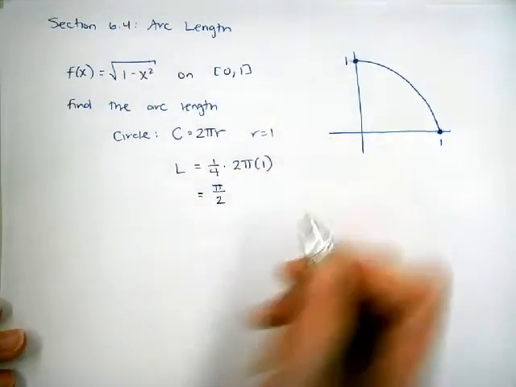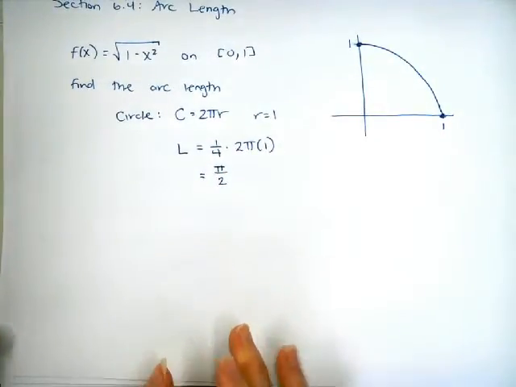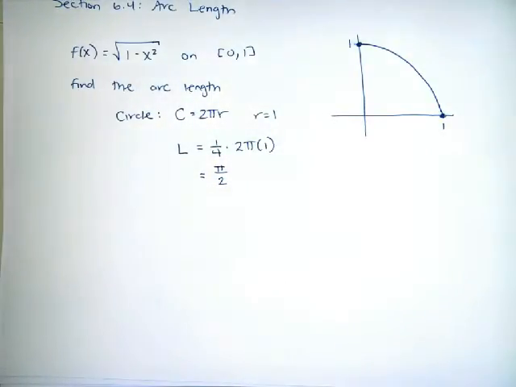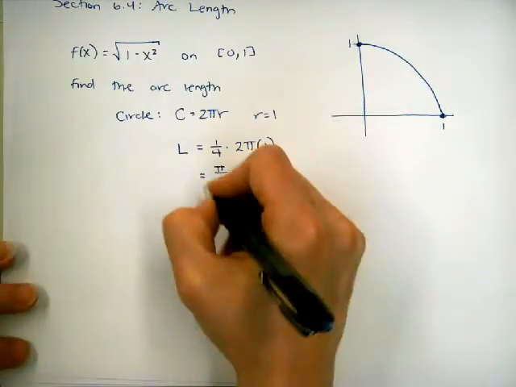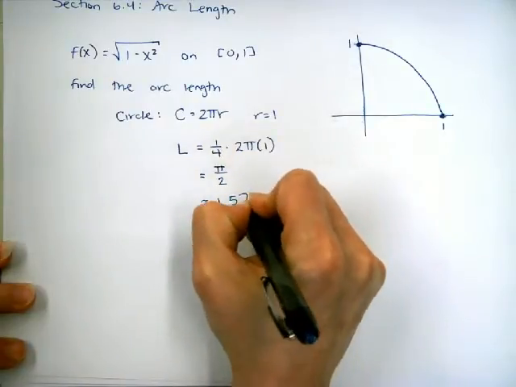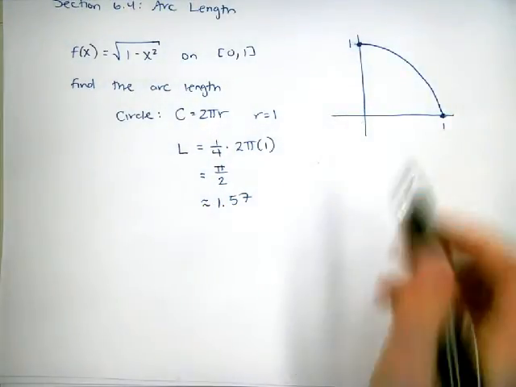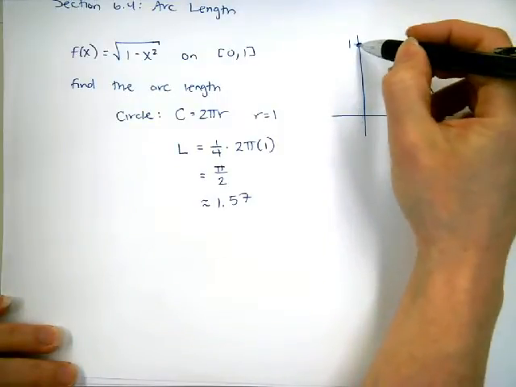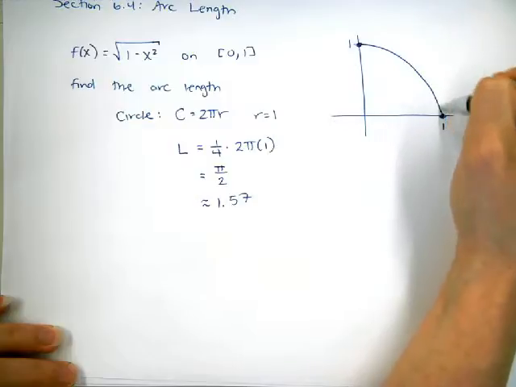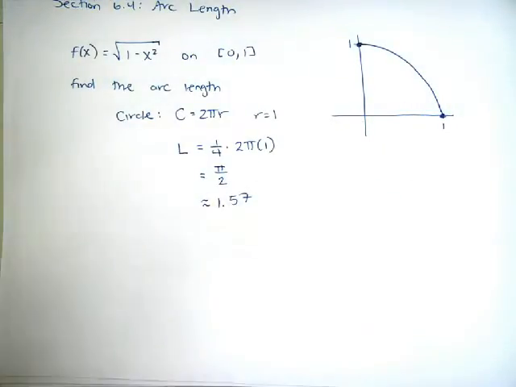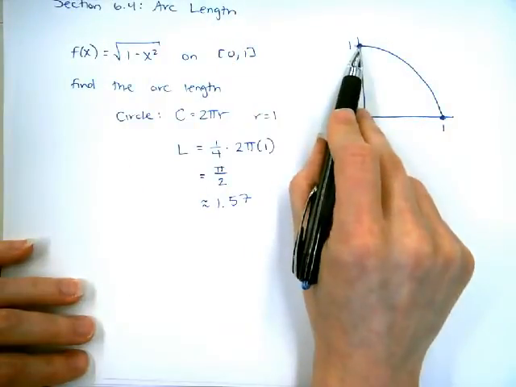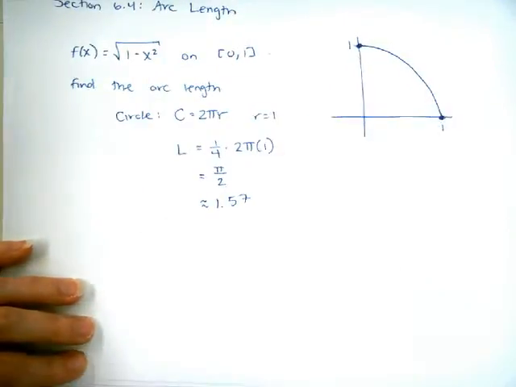So my arc length is pi over 2, which, if you wanted a decimal, is about 1.57. Okay, so that means if you were standing right here on a circle and you were to walk from here to here, you would walk 1.57 units, whatever the units are. If this is 1 foot and this is 1 foot, then you would walk 1.57 feet to get to here.